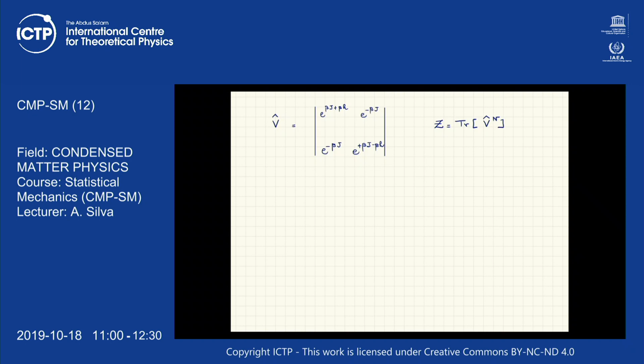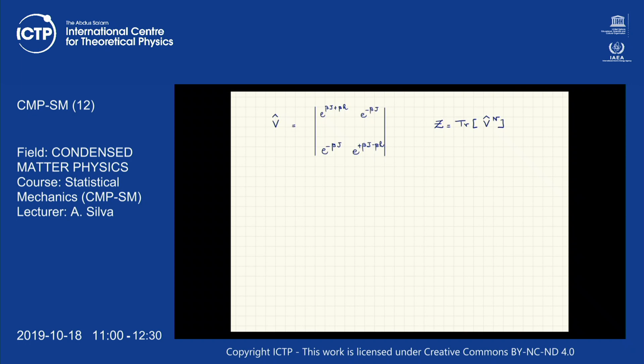It's called the transfer matrix because essentially it connects configurations of different sites. So it's essentially the matrix that tells you how to connect the configuration of site 1 with site 2, which you have two possibilities for site 1, two possibilities for site 2, and therefore you have a transfer matrix, which is a 2 by 2 matrix, right? So it just gives you the weight for the various possible configurations of these two sites.